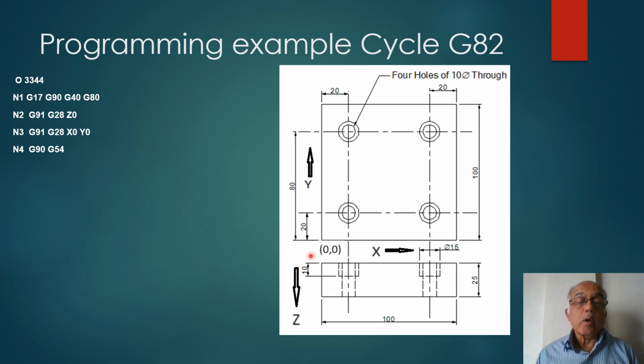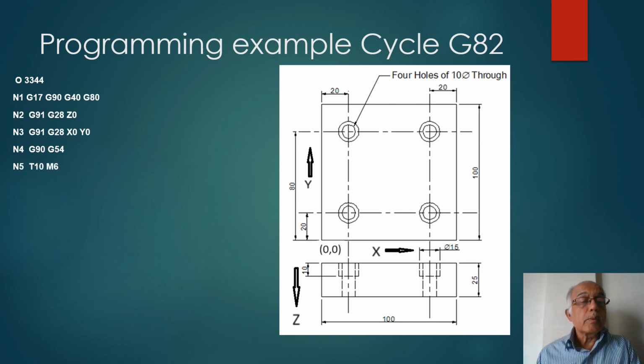And we have registered the distance of the 0 point from the machine 0 point in X, Y, and Z axis in the register, and that number is 54. So G54 is the work offset number.